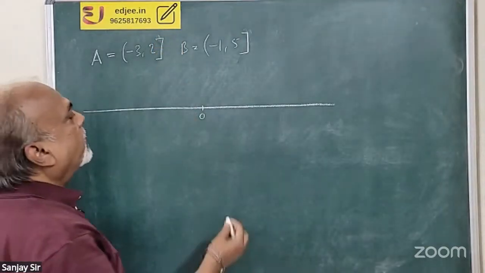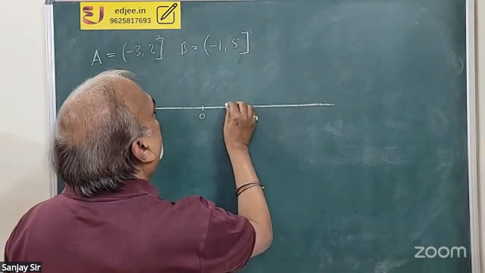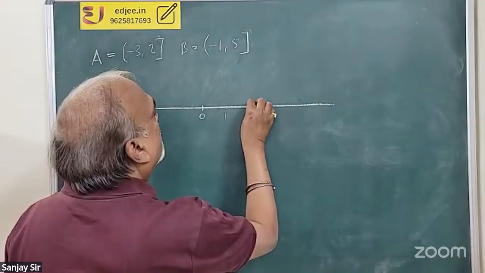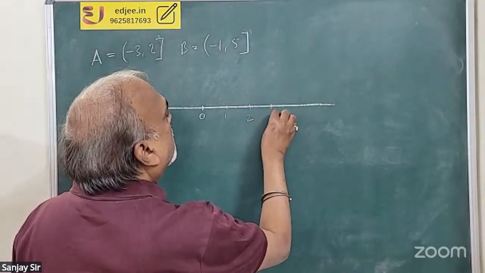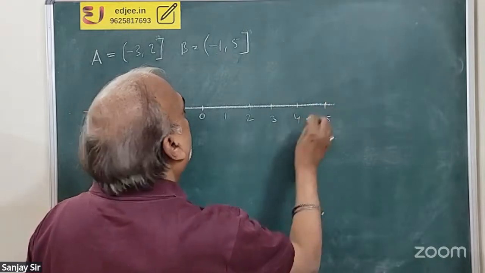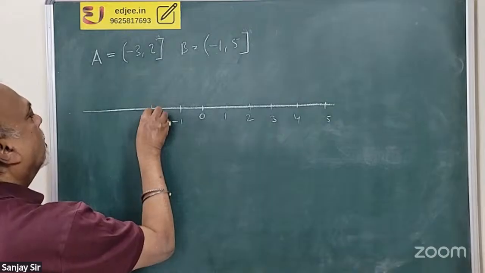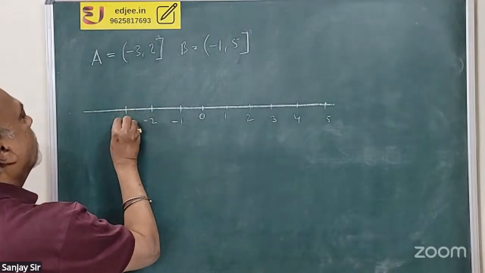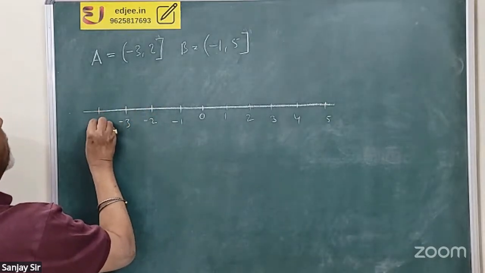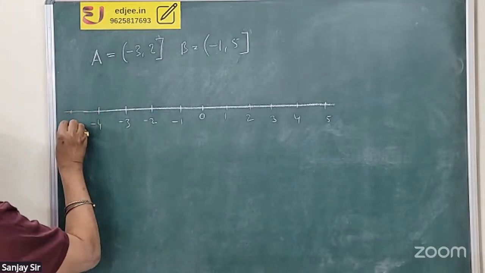Here, this is your 1, 2, 3, 4. Here it is -1, -2, -3, -4.